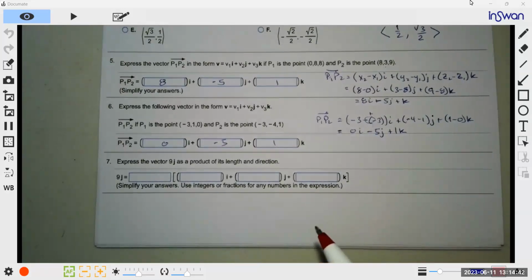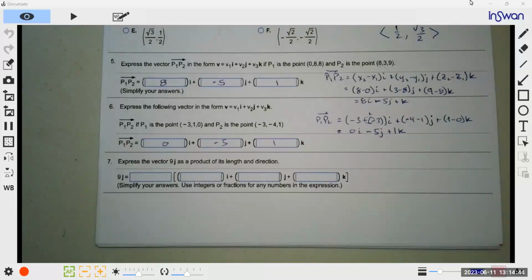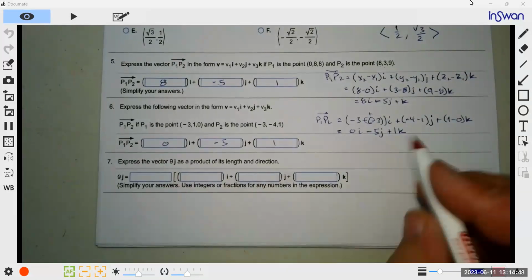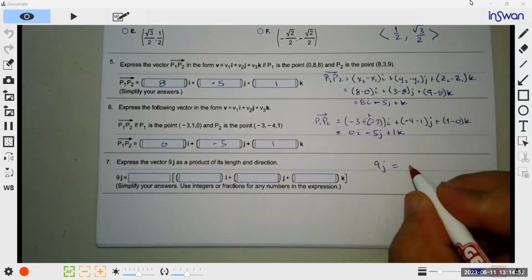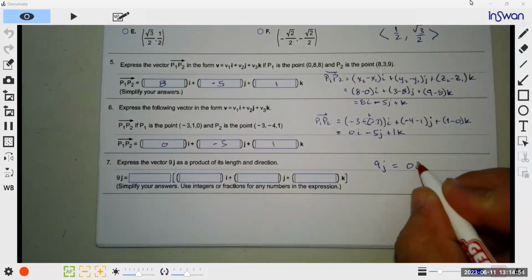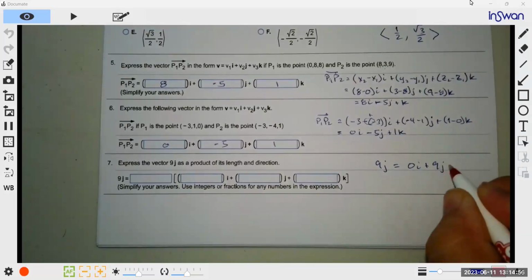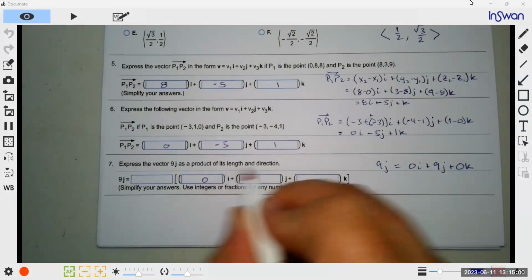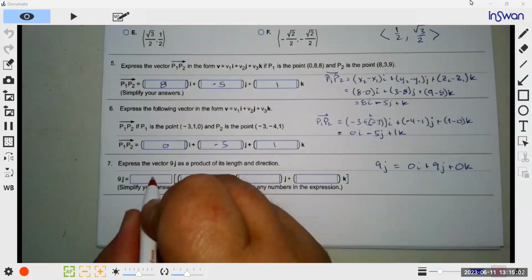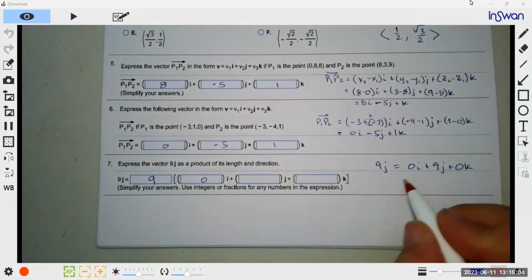Express the vector 9j as a product of its length and direction. So it's just 9j. 9j comes from the vector 0i, 9j, 0k. Since the magnitude is 9, we can factor that out.